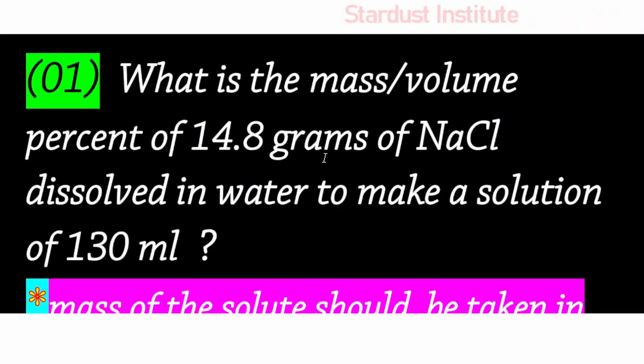What's the mass volume percent of 14.8 grams of NaCl dissolved in water to make a solution of 130 milliliters?